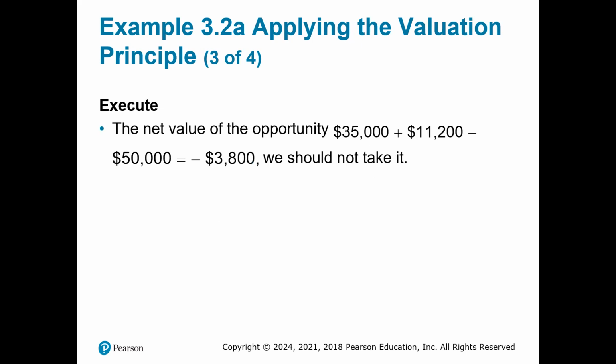To execute, the net value of the opportunity, $35,000 plus $11,200 minus the $50,000, will give you negative $3,800. We should not take it because it's a negative $3,800.